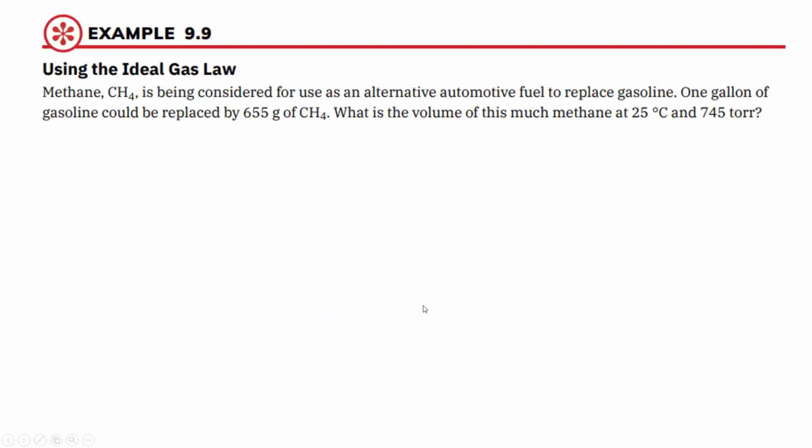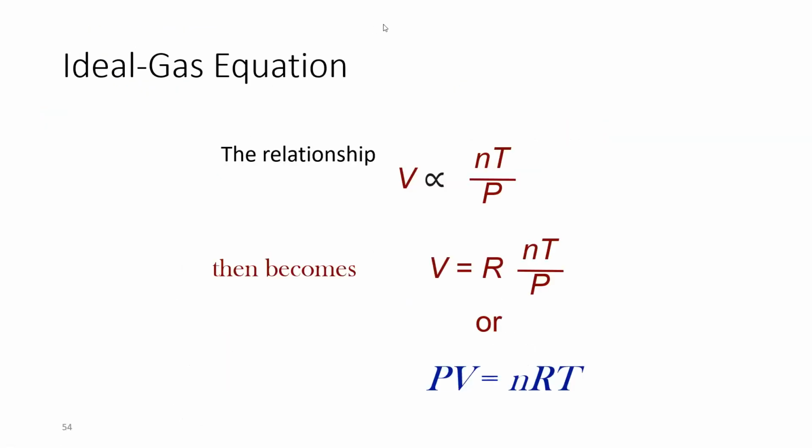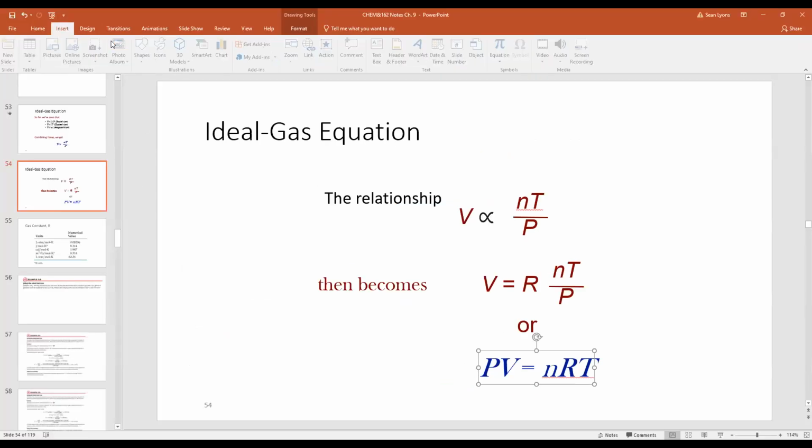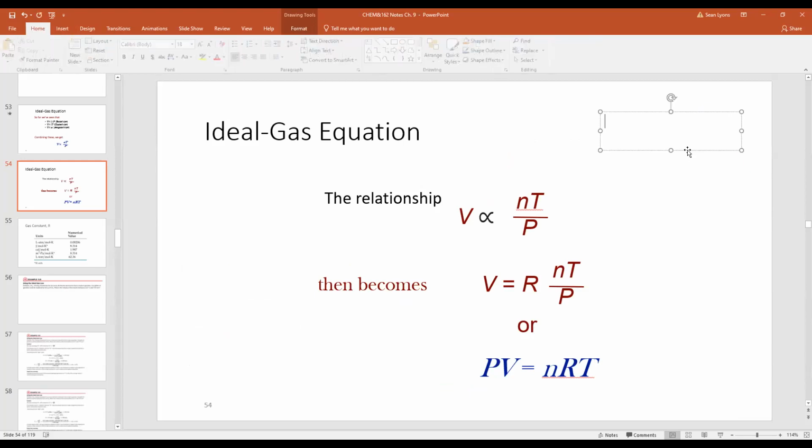So if we go back here for a second, actually, let me insert a text box. So if we think about the units here, PV is equal to nRT. If we think about pressure, we could have that in atmospheres. And if we think about volume, we could have that in liters.